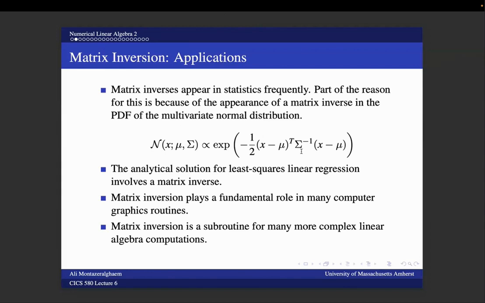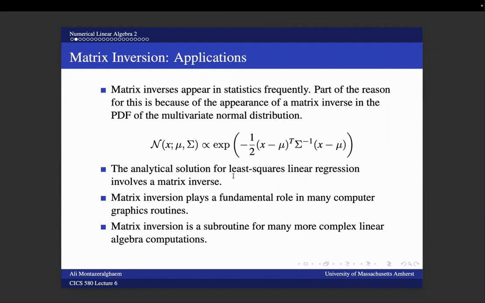For another example, the solution for least square linear regression also has a matrix inversion in that formula. And matrix inversion also plays a fundamental role in many computer graphics routines.